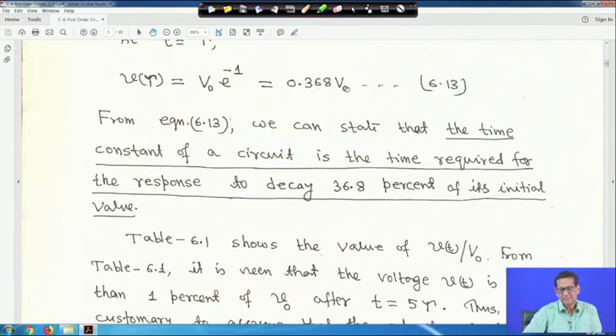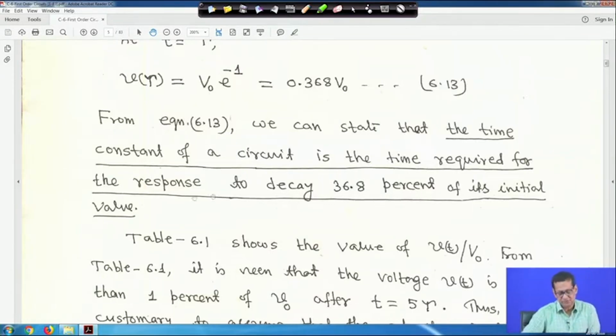This is 0.368, that means in percentage, 36.8% of the initial value V 0.